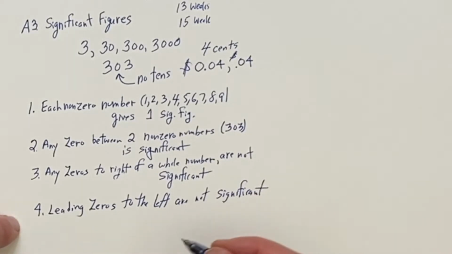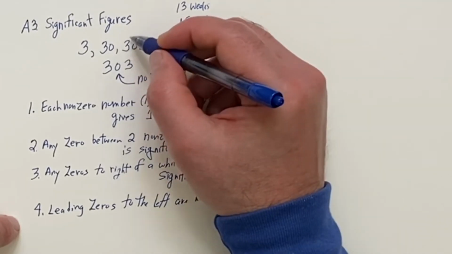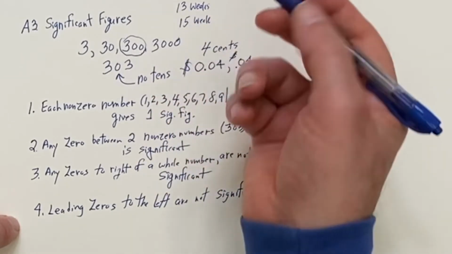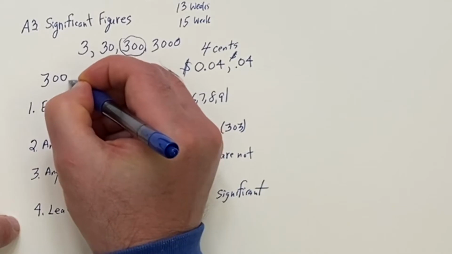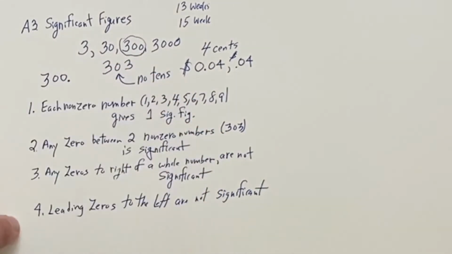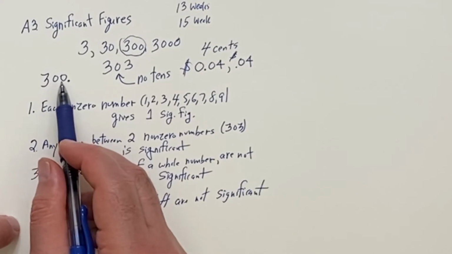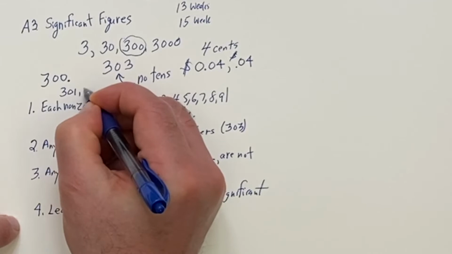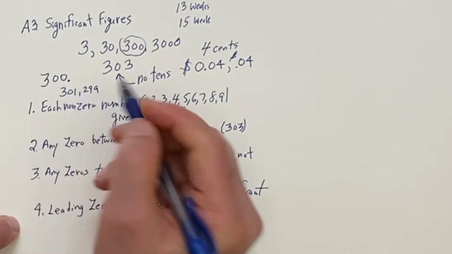Now, suppose you have 300 and you mean 300, like that 0 is significant. There's an easy way to fix that. What you do is you put a decimal point right there, and that means, bam, we nailed it. That rounds off to 300. In other words, like you would round off to 301 or 299, the 300 should be treated just like these.